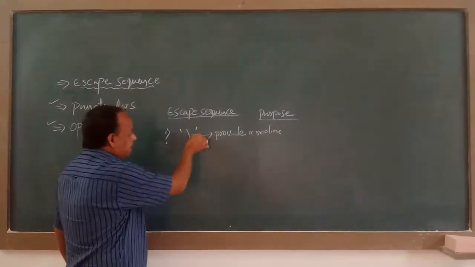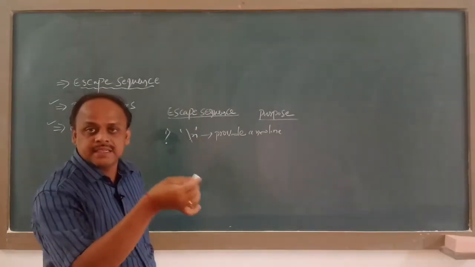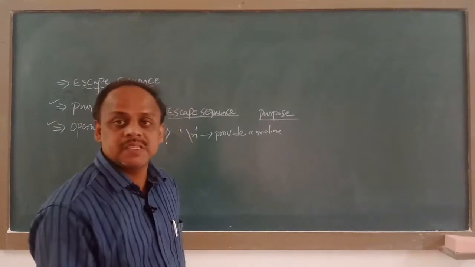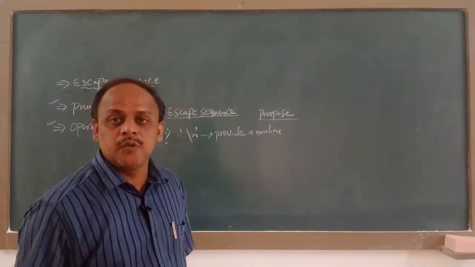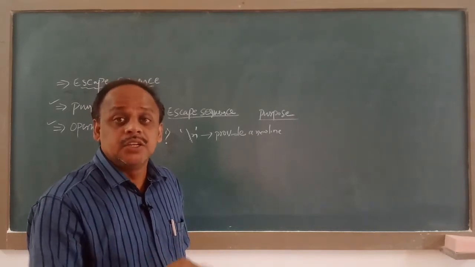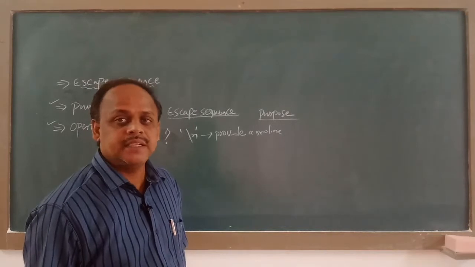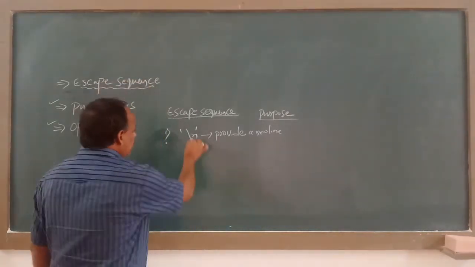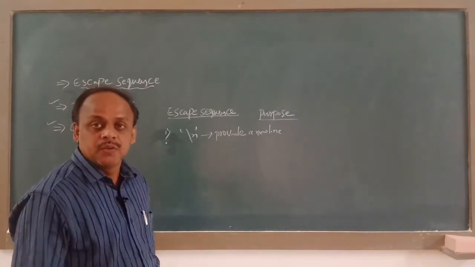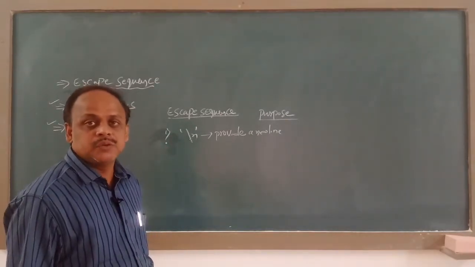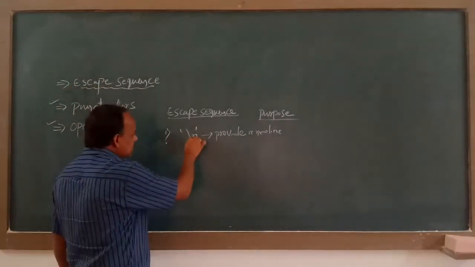A character preceded with a backslash with a single quote mark is called an escape sequence. What is the purpose of an escape sequence? It is used in the output statement to alter the output. So this is one example. Now I am going to write some escape sequences which are generally used while writing C++ programs. For example, the first one, \n.